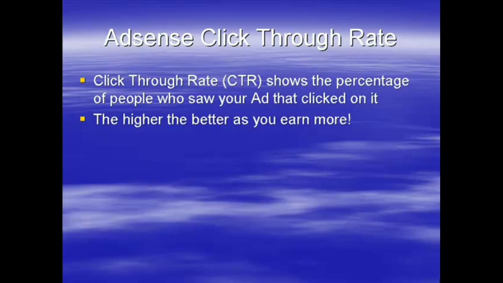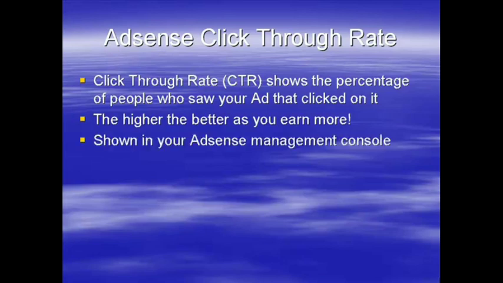So one of the goals you have with any AdSense site is to get a high click-through rate. If you can get a high click-through rate, then quite often you get better payments as well. We are not sure what formula Google uses, but there seems to be some correlation between click-through rate and how much you get paid. The better the click-through rate, then quite often you get a slightly higher percentage of money from them.